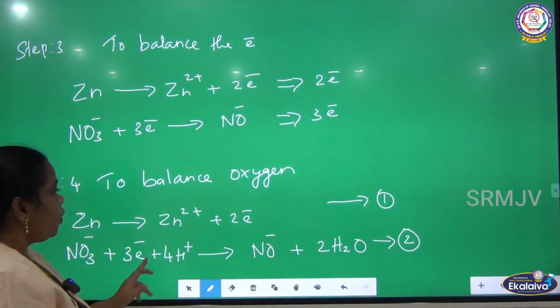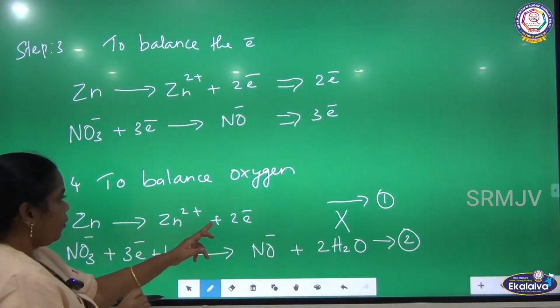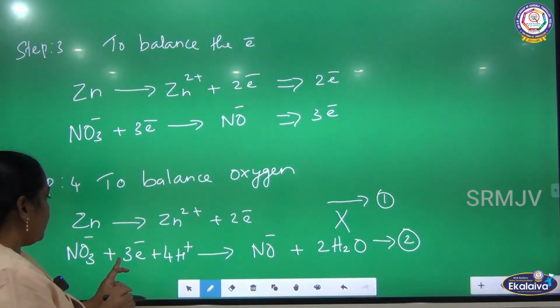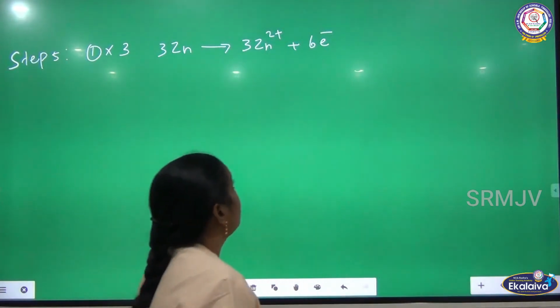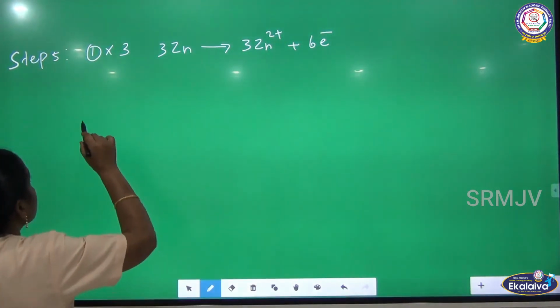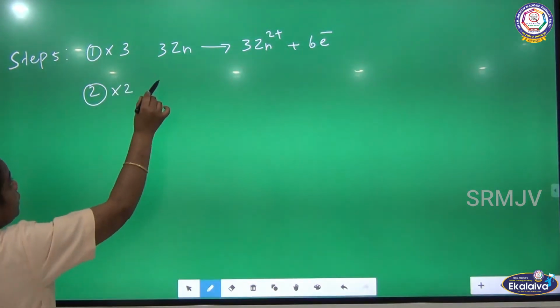So you have to cross multiply: the first one you multiply by 3 and the next you multiply by 2. And equation 2 is multiplied by 2.